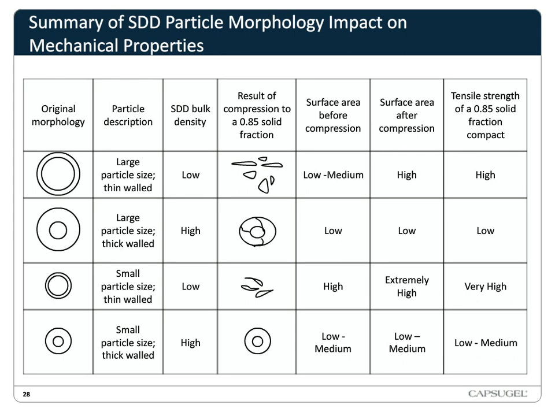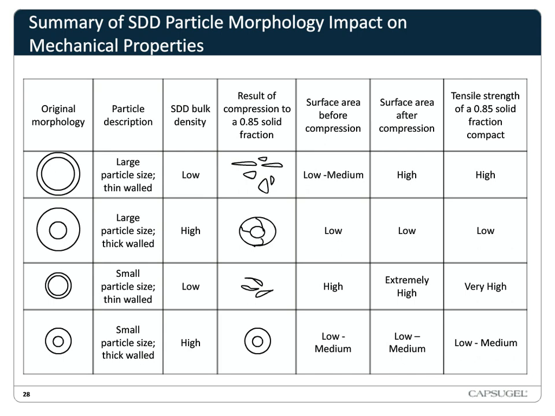Therefore, the surface area before compression is low, and after compression it changes a little bit but probably is still low. This represents the smallest tensile strength at a 0.85 solid fraction compact. Then we go to a small particle size, thin wall.